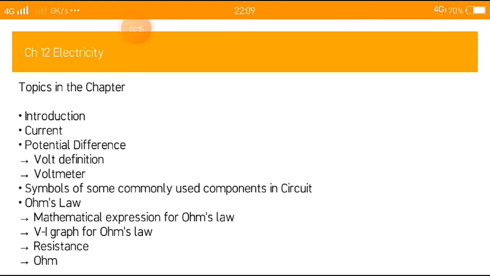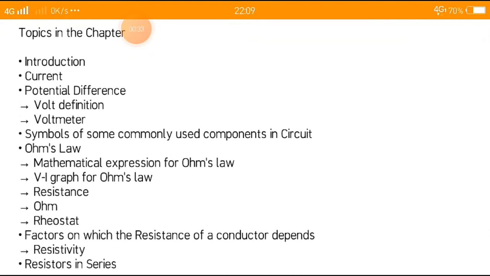Chapter number 12, Electricity. Topics in the chapter: Introduction, Current, Potential difference, Volt, definitions, Voltmeter, symbols of some commonly used components in circuit, Ohm's law.